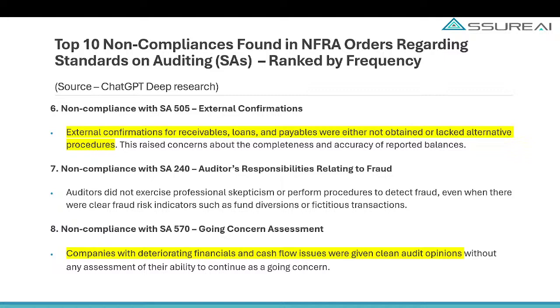You collect these external confirmations and append them to the relevant checklist or procedure. So that obviously gets accumulated as part of the evidence. Companies with deteriorating financials and cash flow issues were given a clear audit opinion. So there is obviously a judgment call taken by the chartered accountant. So the missing element there is the documentation of the judgment. So that is very much efficiently done by Assure.